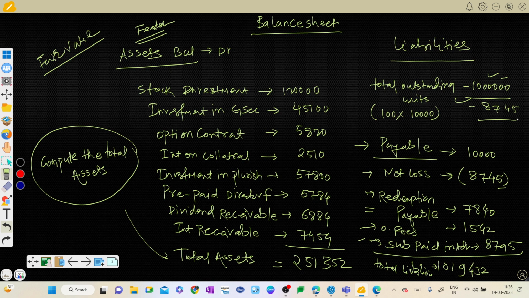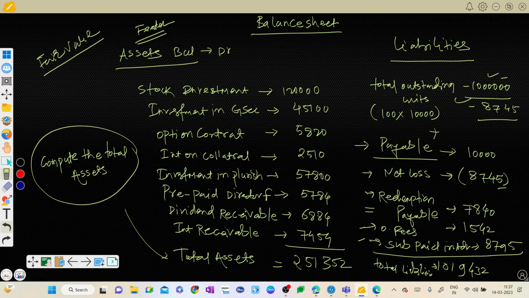But if you ask me, sir, what about total liabilities? Liability has a definition, right? Total assets is equal to outstanding share capital plus your liabilities. That's how we calculate and compute it.